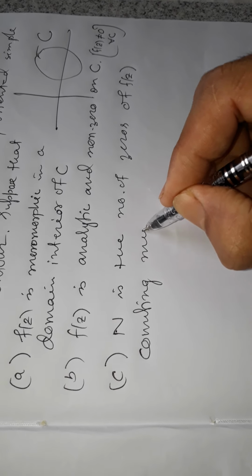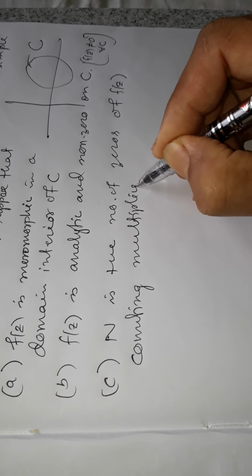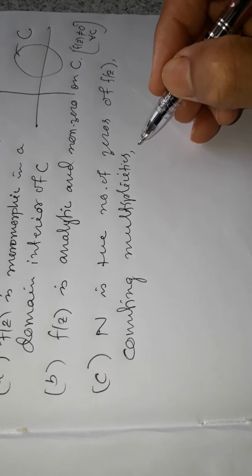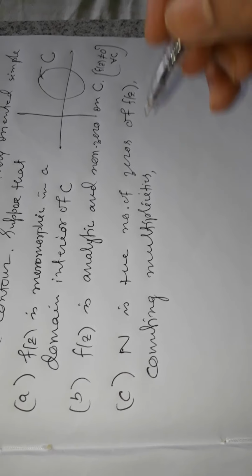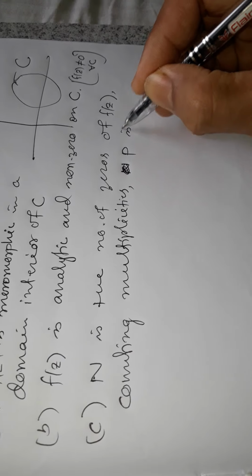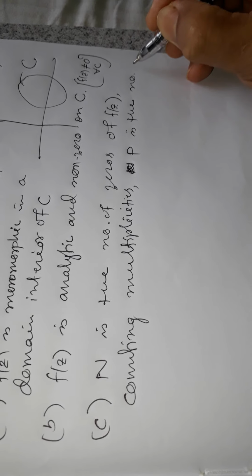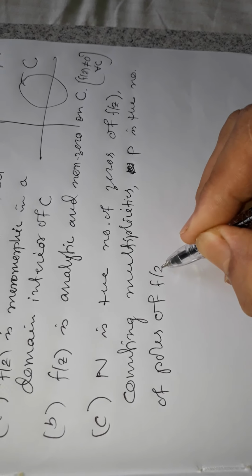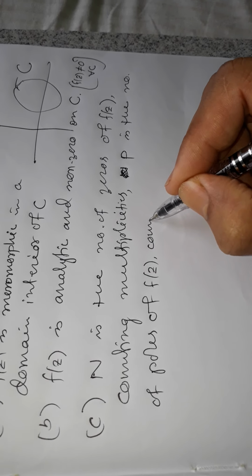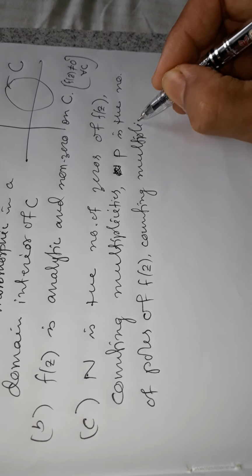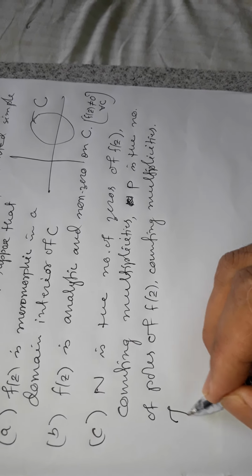That means we are counting the multiplicities. Some of the zeros may be equal, but we are counting all as different. Then P is the number of poles of f(z), counting multiplicities. So these are the conditions.